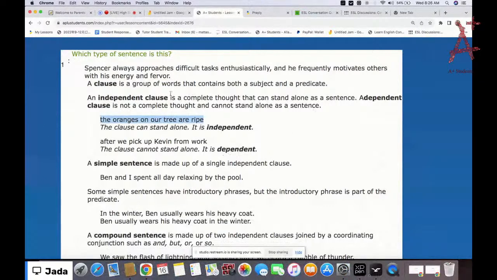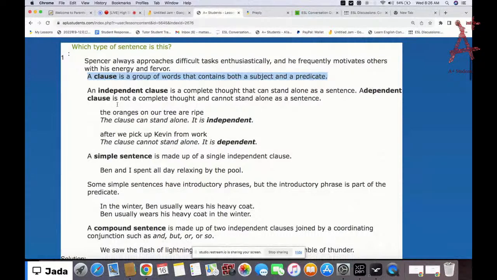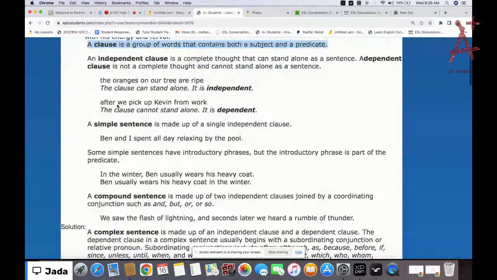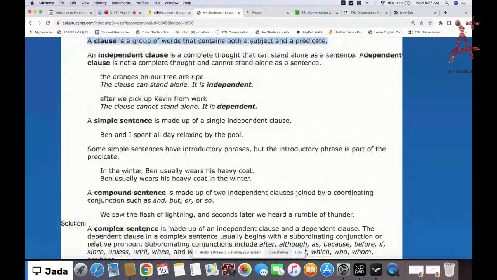Okay, so now we need to take note of the clauses. We know the clause, we know the independent clause, we know the dependent clause. So now we'll move on to the simple sentences. A simple sentence is made up of a single independent clause. Of course we know that an independent clause stands alone and forms a complete thought.